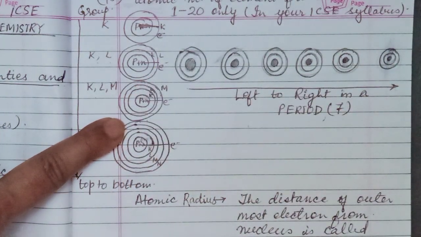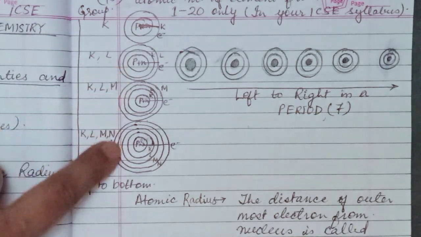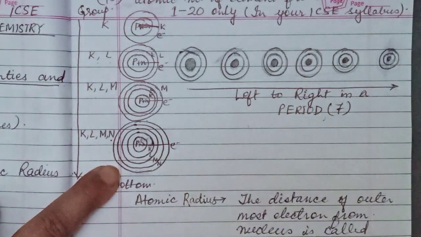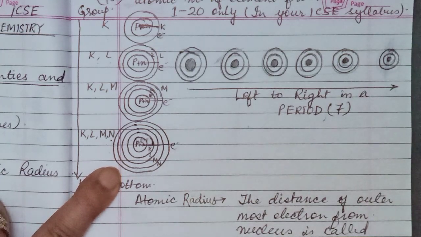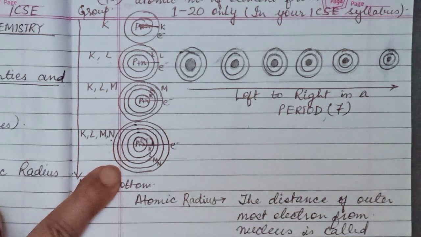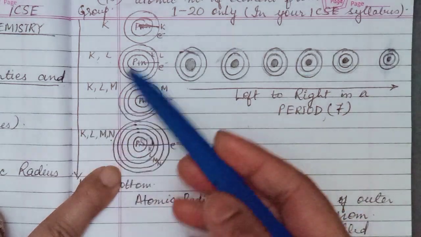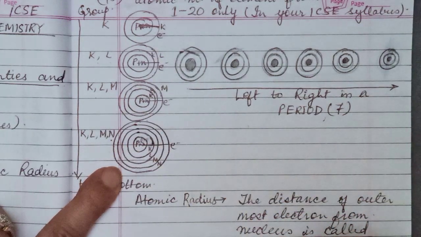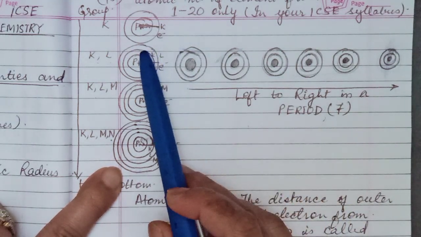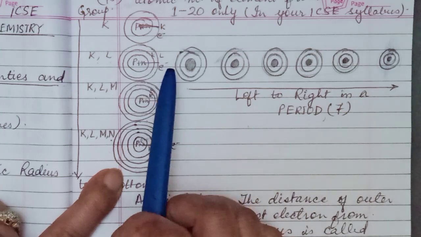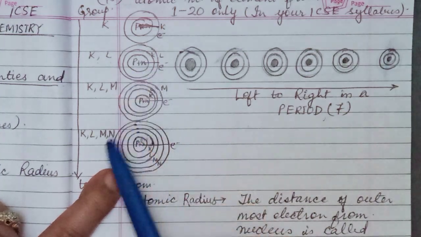So you can see here, when we are moving down, the number of shells is increasing. Why are these shells increased? Because when we are moving in a group, the number of protons is increasing, because the arrangement of atoms in the modern periodic table is based on atomic number.